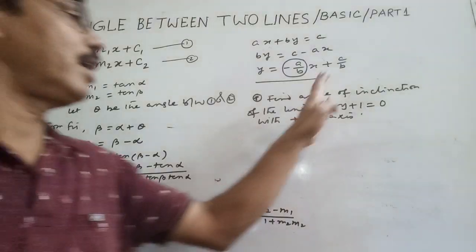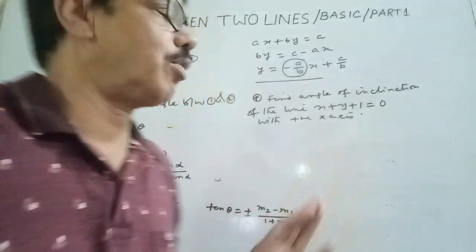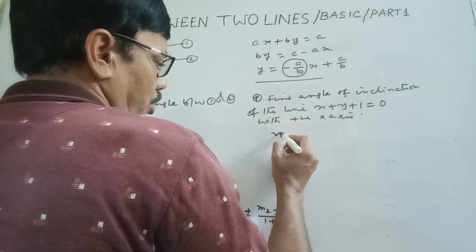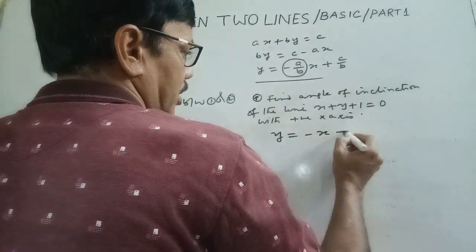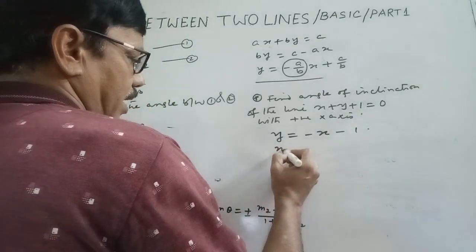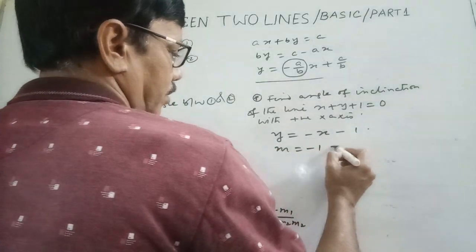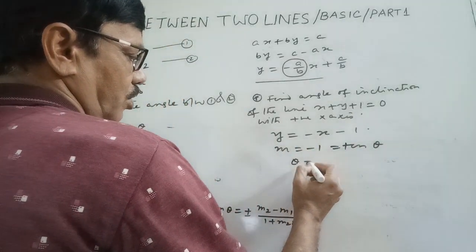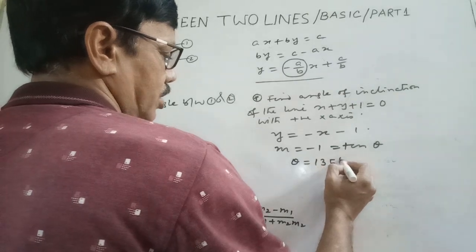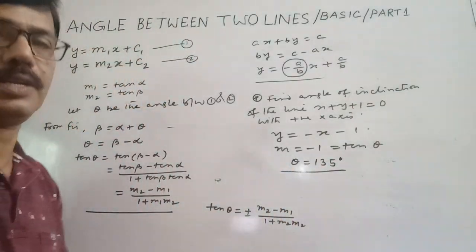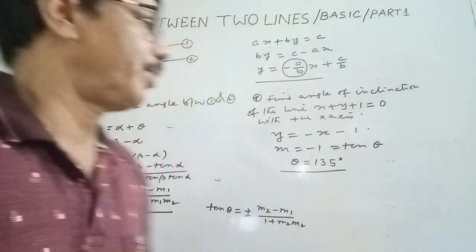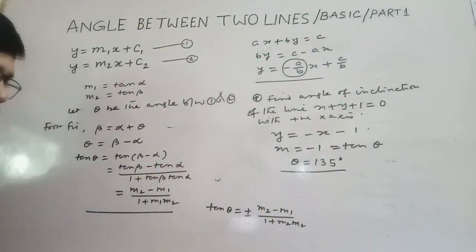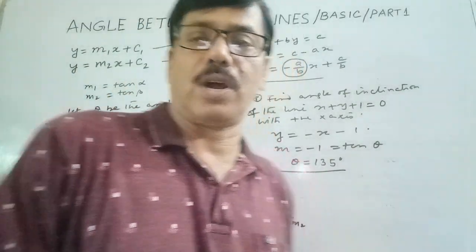So to find the angle of inclination, you have to know how to find the slope. So what is the line? The line is this one. Now what is m? m is minus 1. m means tan theta. So what is theta? Theta is 135 degrees.